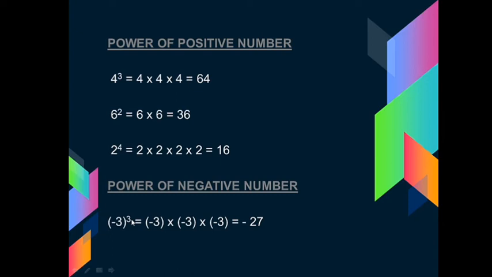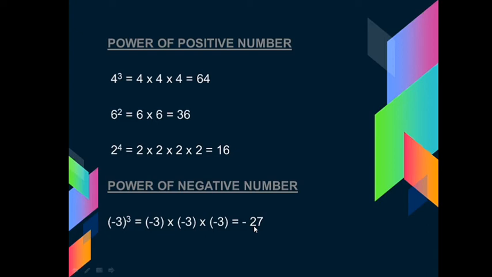So when exponent is odd and the base is negative, then its result will be negative. As the exponent is 3, we will multiply this minus 3 with itself 3 times. That is 3 into 3 is 9 and 9 into 3 is 27.